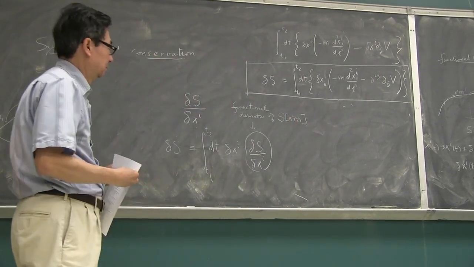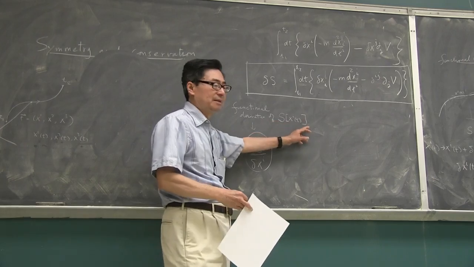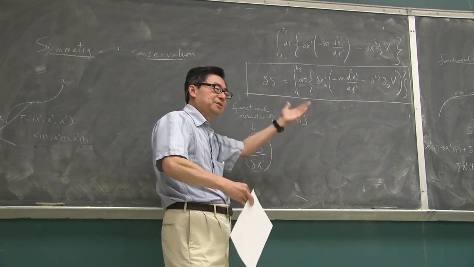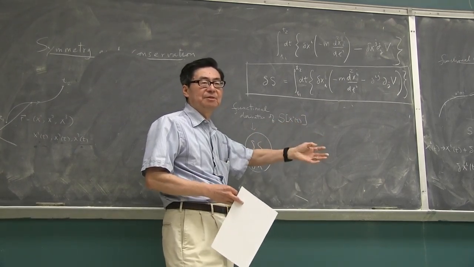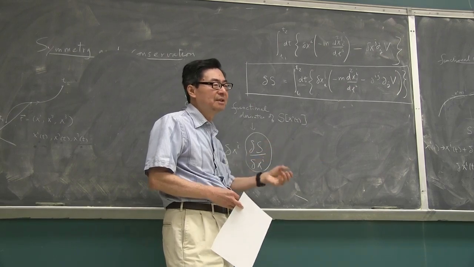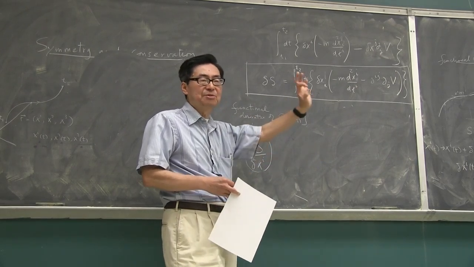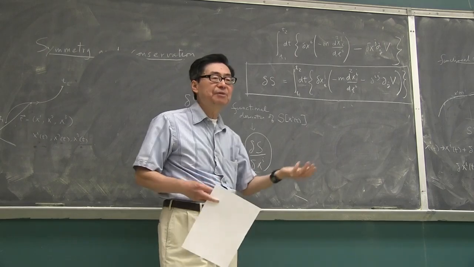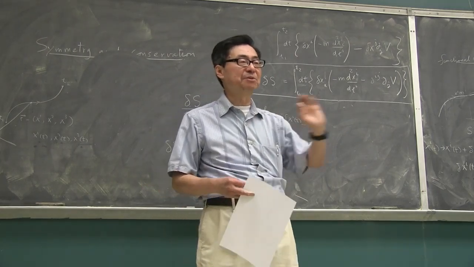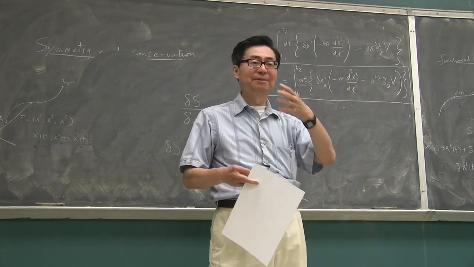It's a functional. That's why I use square brackets. Normally, if I use just the curly brackets, that would be an ordinary function. Okay? The functional is a mapping from a set of functions to some real number. An ordinary function is a mapping from real numbers to real numbers. Okay? So here's a difference.